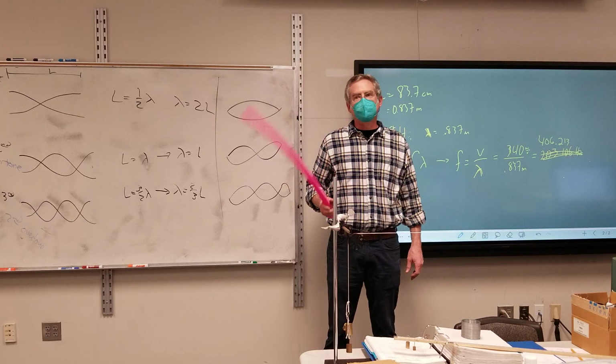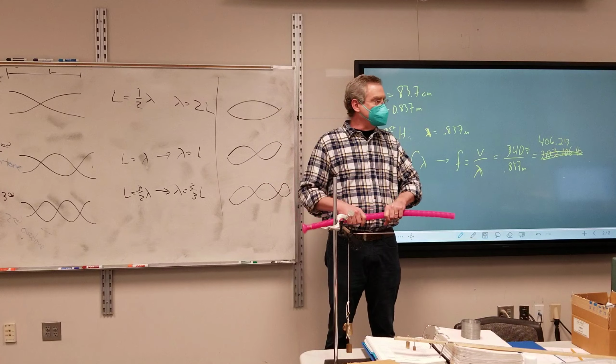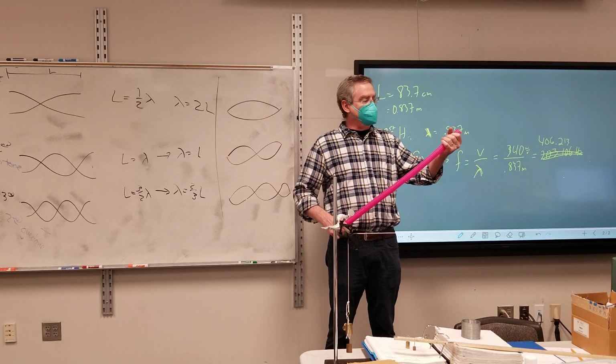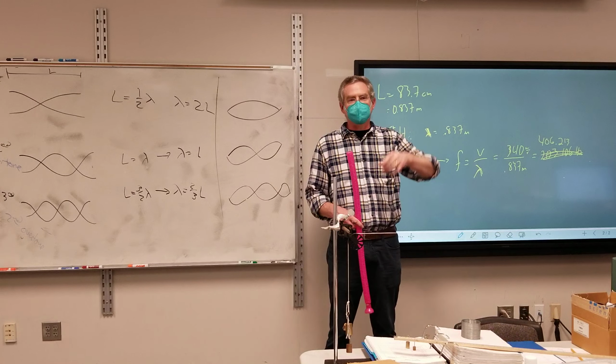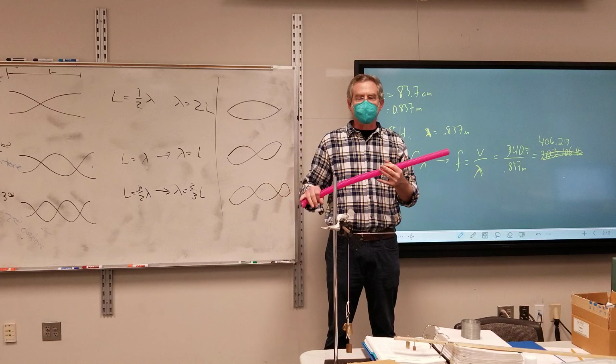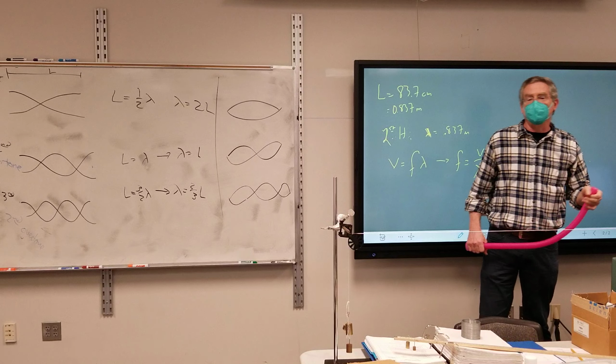It's slightly lower, and there's a different timbre, because this is plastic and that is whatever materials go into the speaker. So there's going to be a difference in the tone quality. However, how close are they?